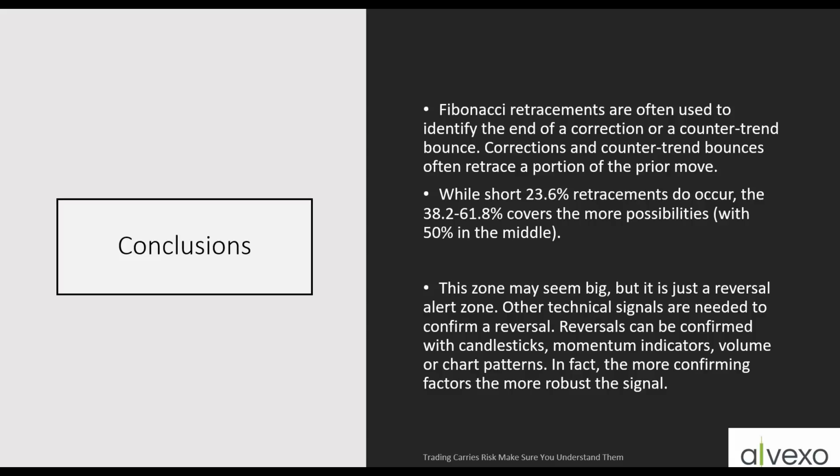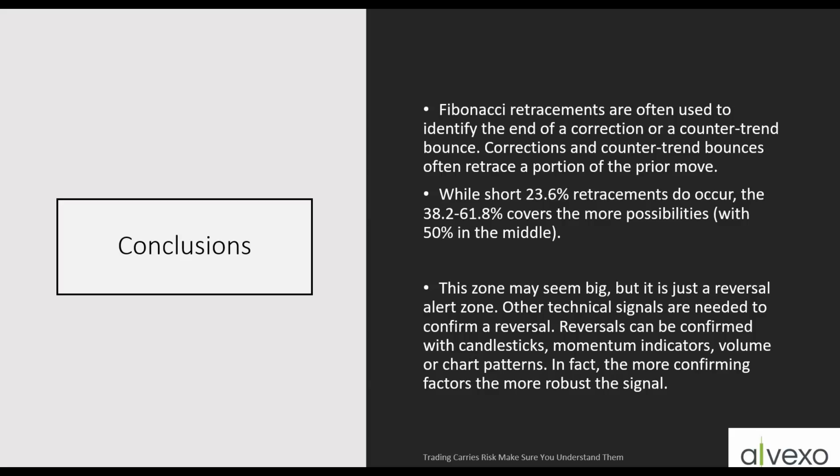This zone may seem big, but it's just a reversal alert zone. So remember, other technical signals are needed to confirm a reversal. Reversals can be confirmed with candlesticks, momentum indicators, volume, or chart patterns. In fact, the more confirming factors, the more robust the signal.